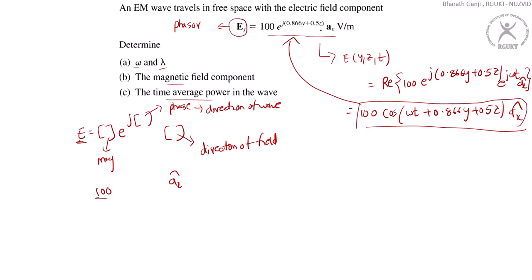Of course, it's a plane wave because the phase becomes constant in this plane. So what is the equation of the plane? This is your equation of the plane: 0.866 y plus 0.5 z equal to constant is a plane. In this plane the phase is constant, with uniform magnitudes, so it is a uniform plane wave traveling in an arbitrary direction.